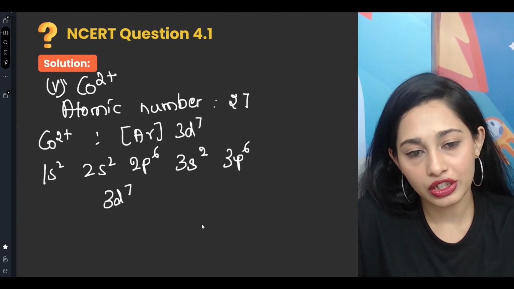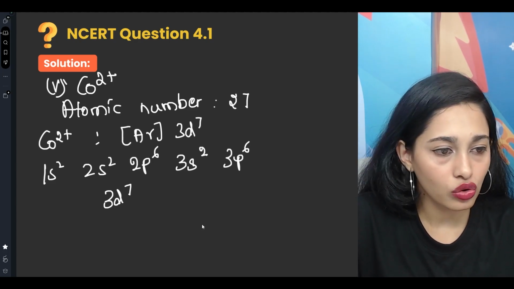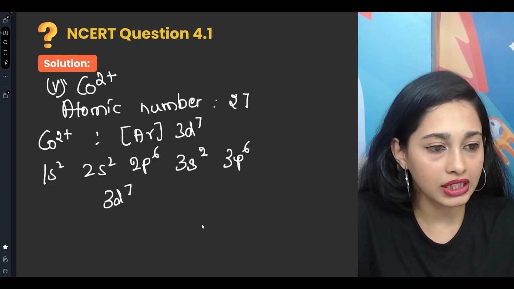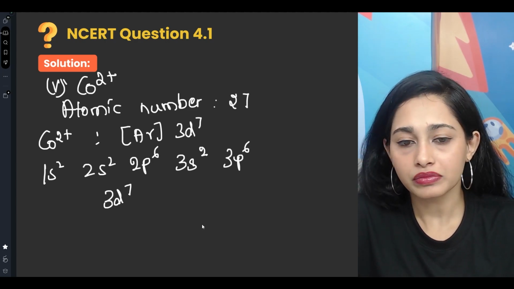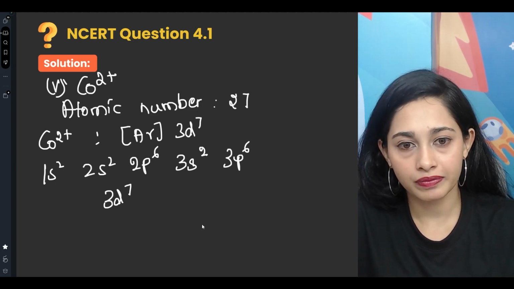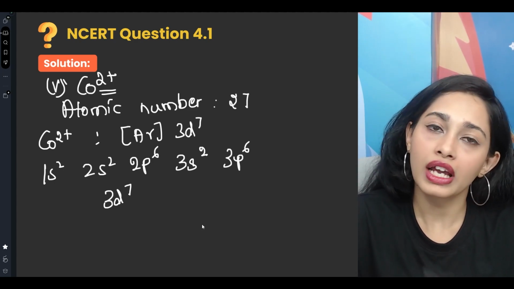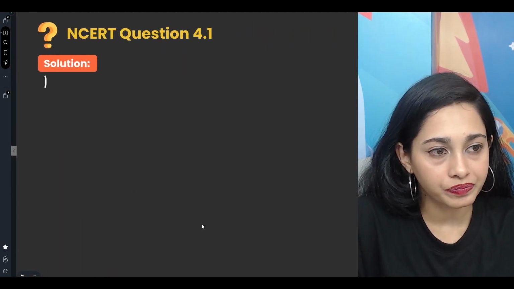This is the electronic configuration of cobalt 2+. Alright, how many electrons are there? Let's see. 2 plus 2 is 4, 10, 12, 18, and then 18 plus 7. So 2 electrons have been removed, and it's right.